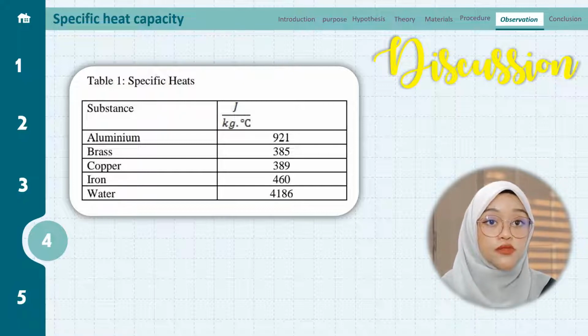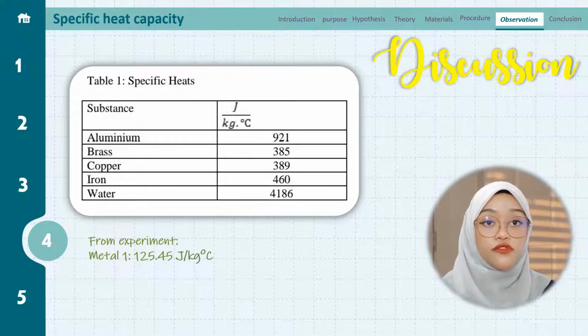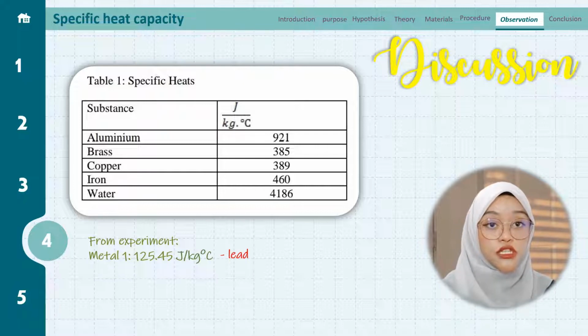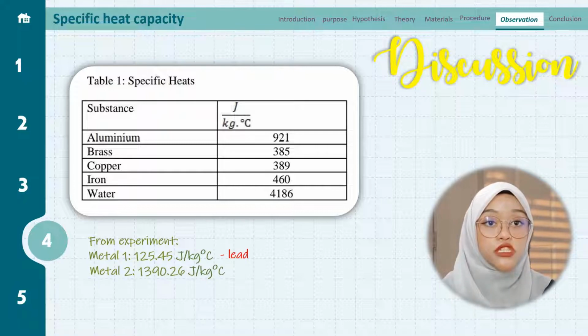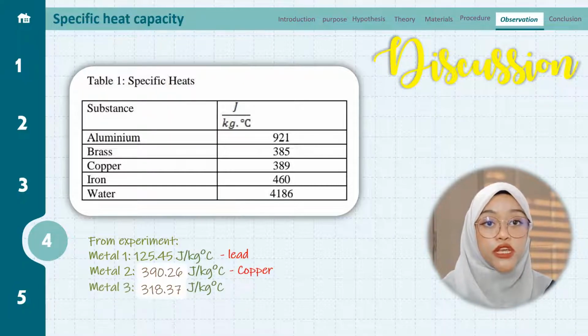The data obtained from the experiment for metal block 1 is 125.45 joule over kg degree Celsius, which makes this metal known as lead if you refer to the table of specific heat capacity of the metal. Metal 2 is 390.26 joule over kg degree Celsius, which is copper, and the last metal is 318.37 joule over kg degree Celsius, which makes it a brass metal.